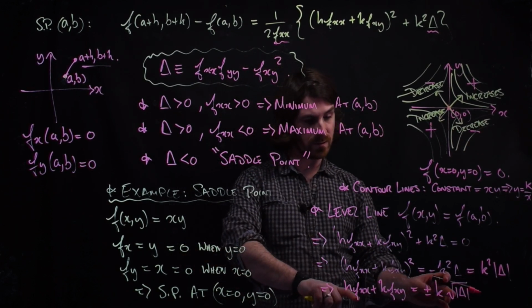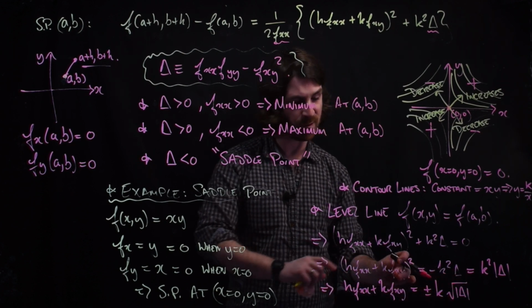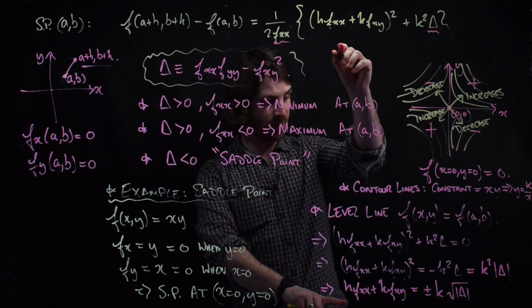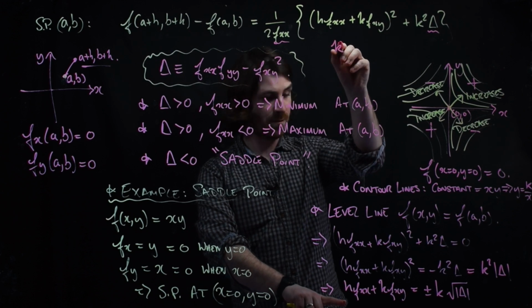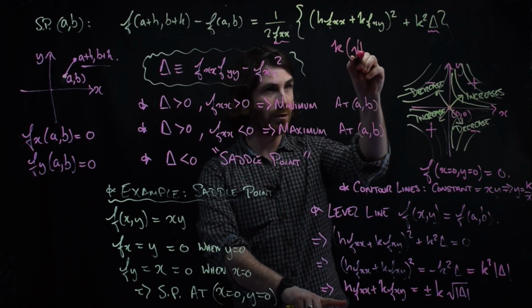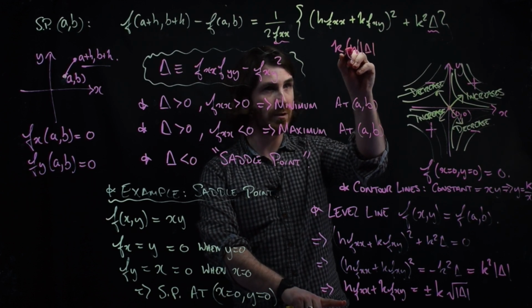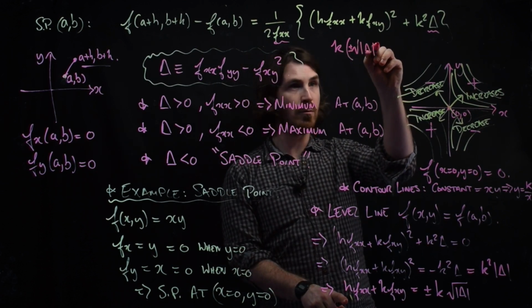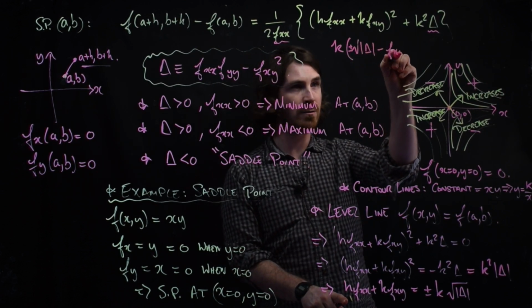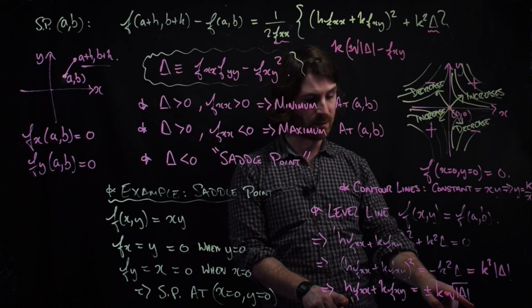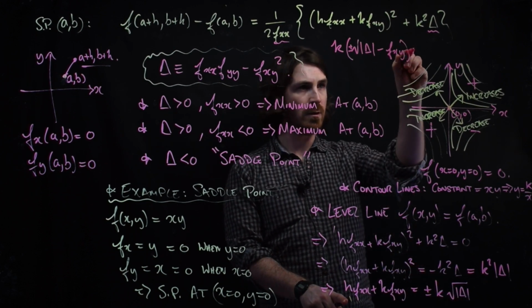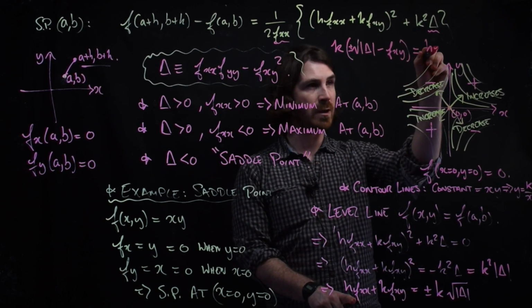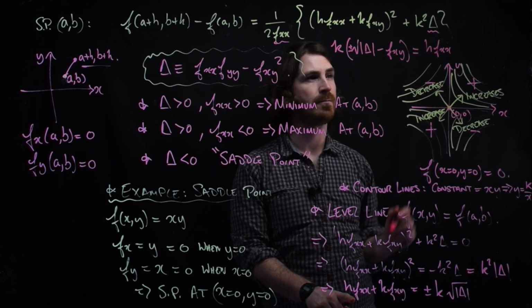So this tells us that there are two lines with different slopes. It tells us that we have k times root mod delta plus or minus fxy, so take this to the right hand side, equals hfxx.